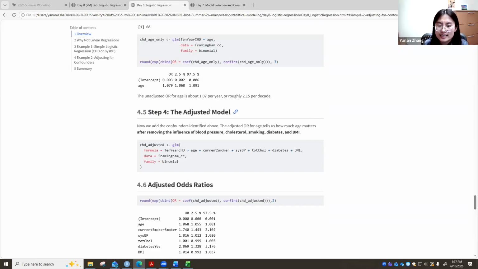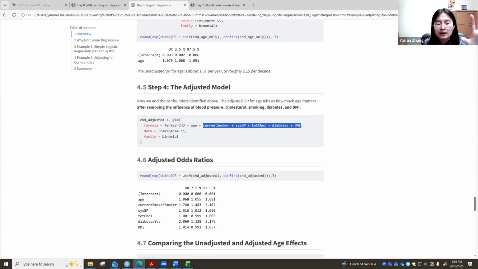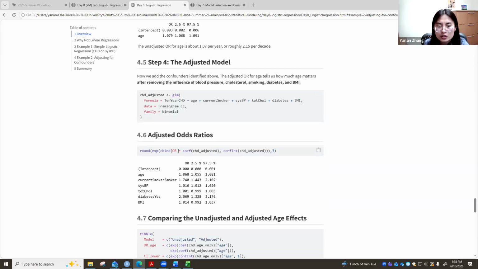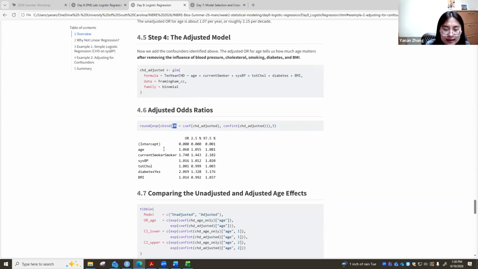All right. What about our adjusted model, which means the model considering all those potential confounders? We add all those potential confounders in our model, and then we calculate the odds ratio as well as the 95% confidence interval for the odds ratio. We get the age effect.